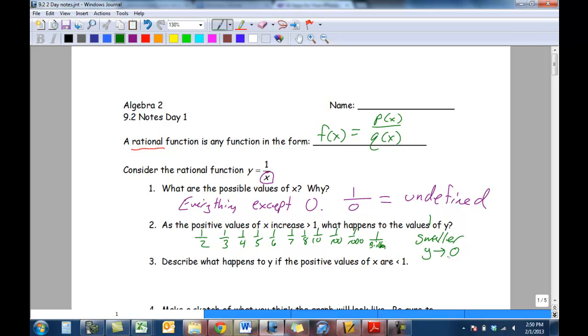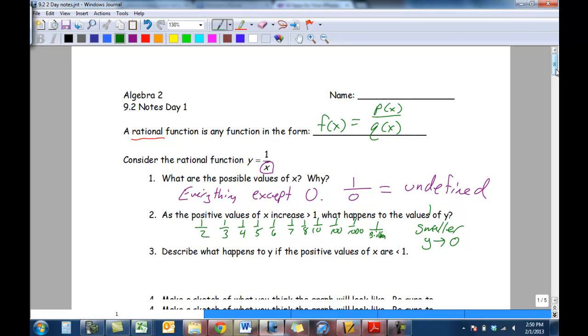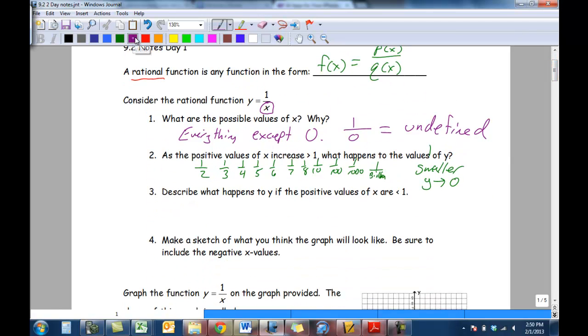Now, what happens to y if the positive values of x are less than 1? So let's think about that. Like I said, this is still America, so we could put in a half. Well, 1 divided by a half is 2. What's 1 divided by a third? 3. What's 1 divided by 1/10?